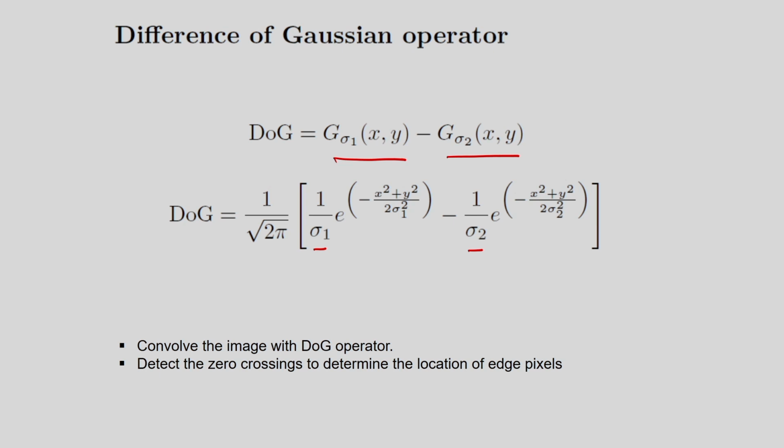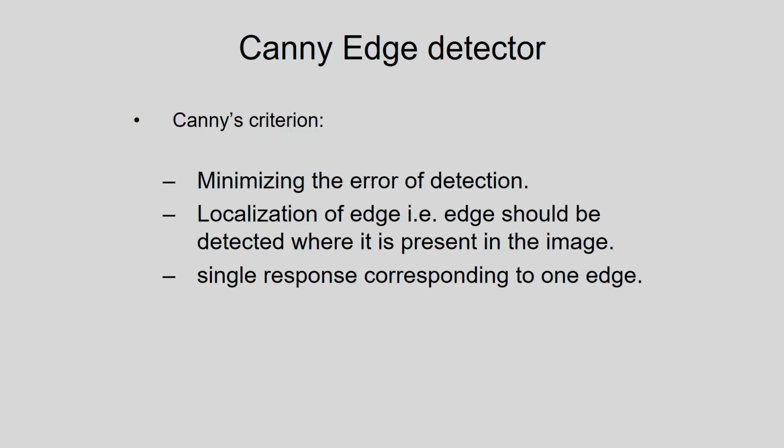Up till now I discussed the concept of the Laplacian of Gaussian and the difference of Gaussian. The next important edge detection technique is the Canny edge detection technique. So what is the Canny edge detector? The first point is that we have to minimize the error of detection.